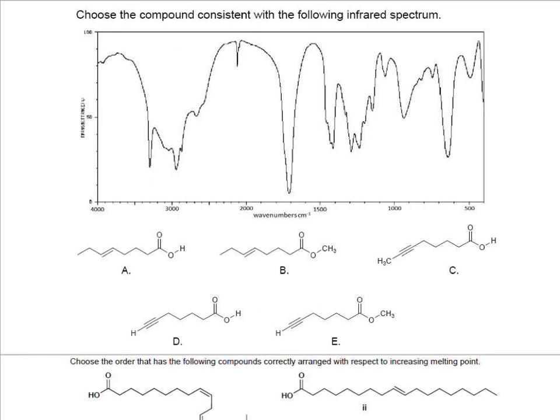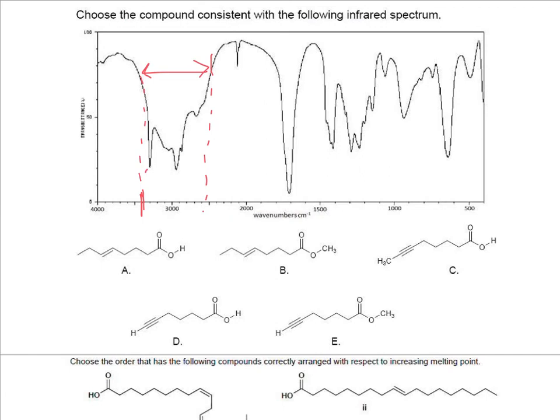All right, looks like something about IR. So I have an IR, and I'm supposed to figure out which structure actually gives you the appropriate IR. So let's take a look. Couple things here. Notice you have a peak going down around 2500, and it's pretty broad, it goes up to about 2900 or so.